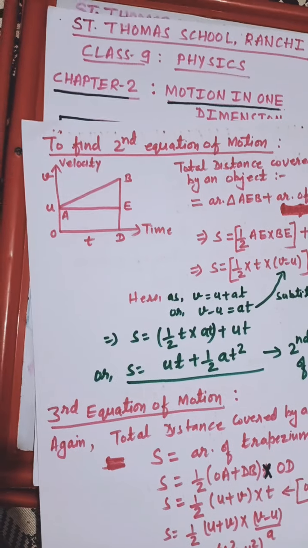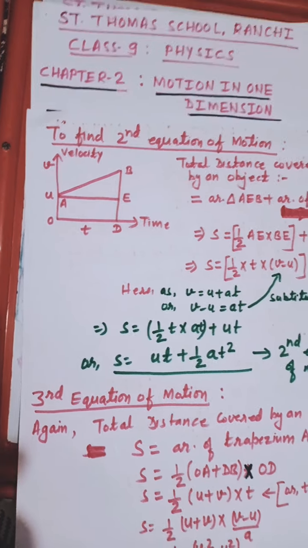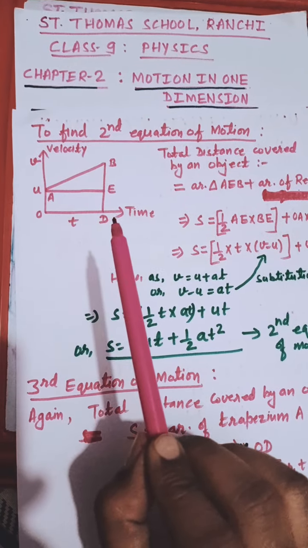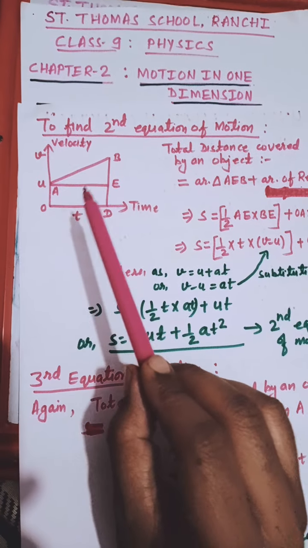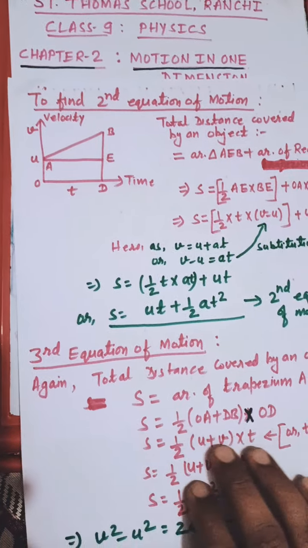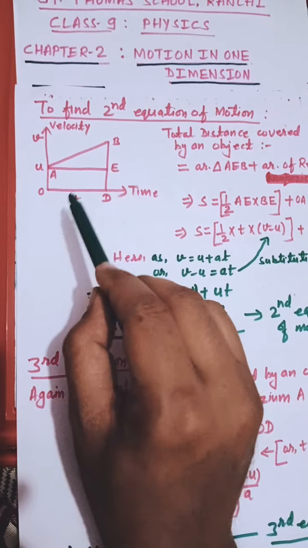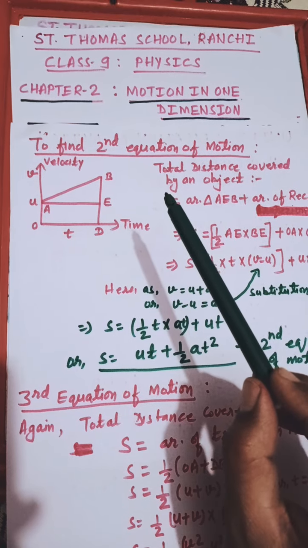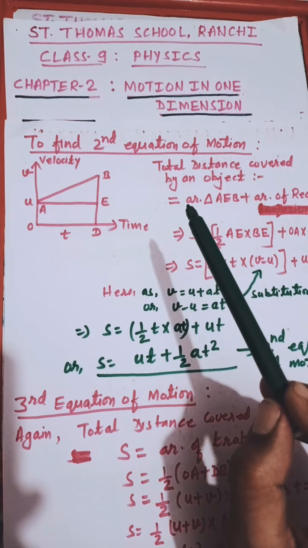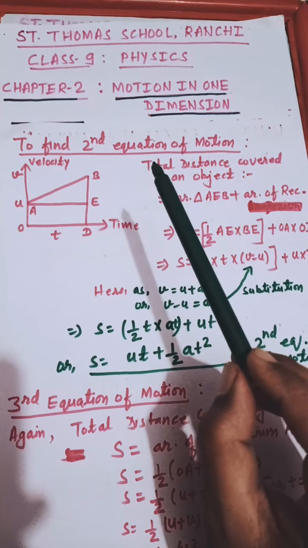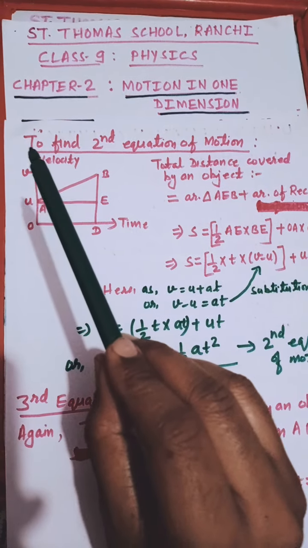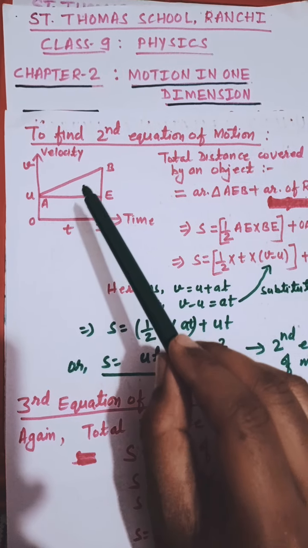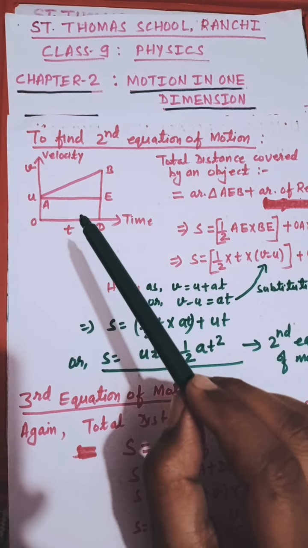Now come to the second equation of motion. Again we have the same graph, and we observe that this is the first triangle and another one is the rectangular portion. The second equation is all about finding the total distance covered. To find the total distance covered with the help of a velocity-time graph, we have already learned in the second unit that we have to find the areas of these two portions: one triangle and one rectangle.